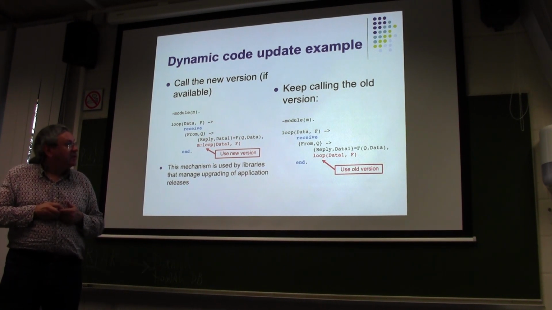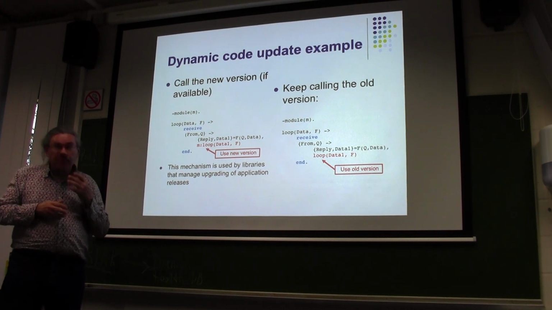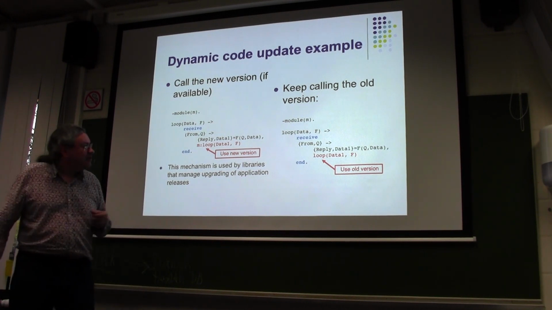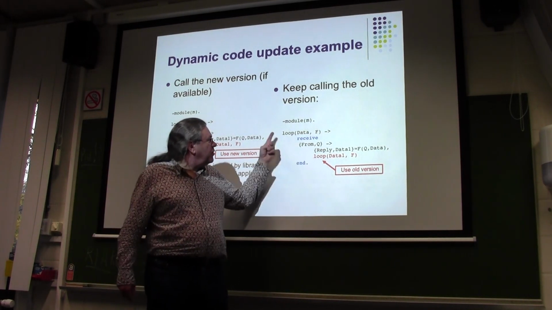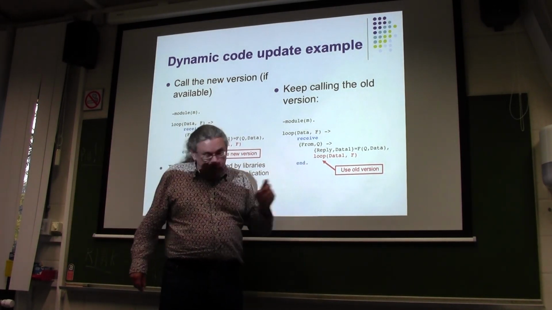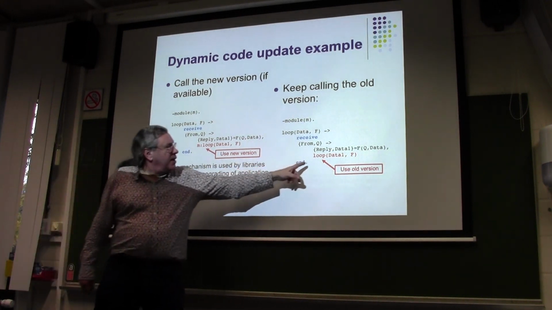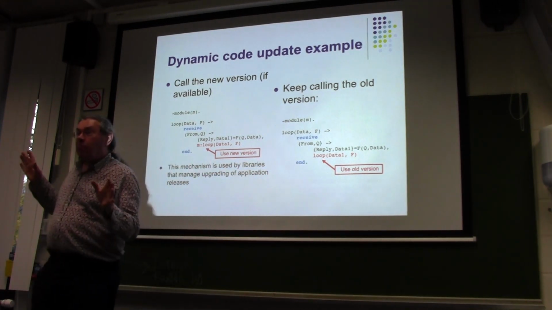So, if I understand correctly, if you only use old version calls and you update your program with the new version, it will never get updated. You are correct. If you only use old version calls and you update, so this mechanism, the 2 versions, it doesn't solve the problem.